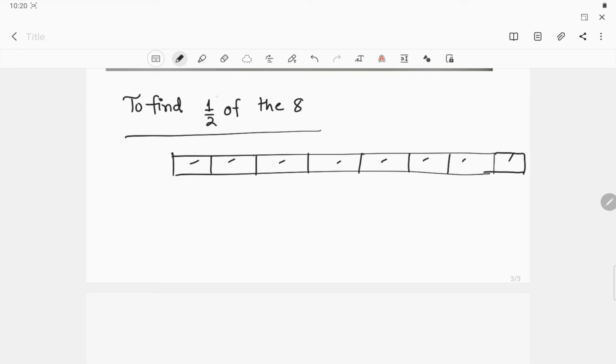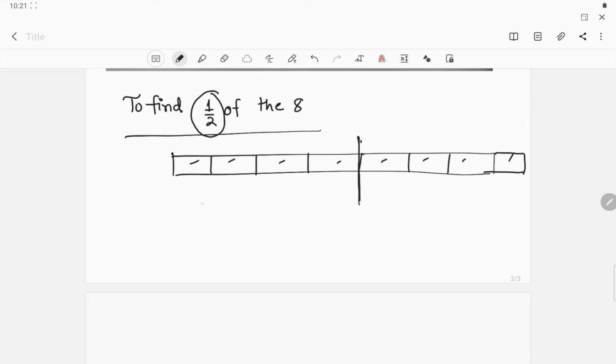But you have to find only the half portion. Half portion means you have to divide in the middle, because you only have to get half of the total eight.